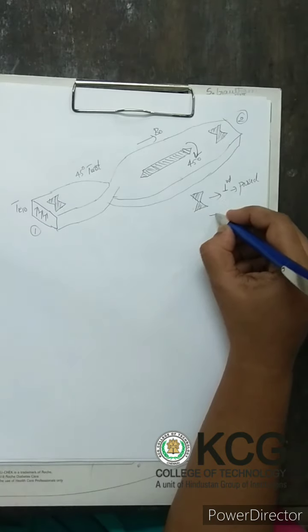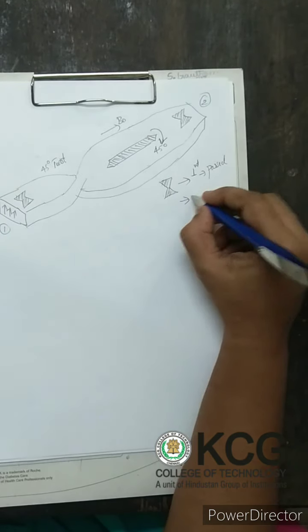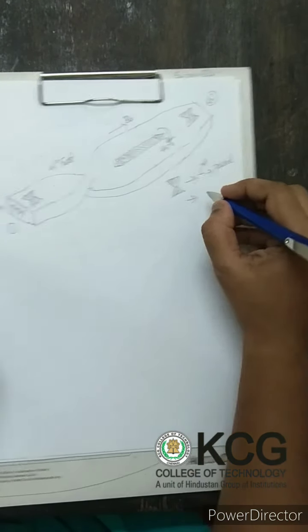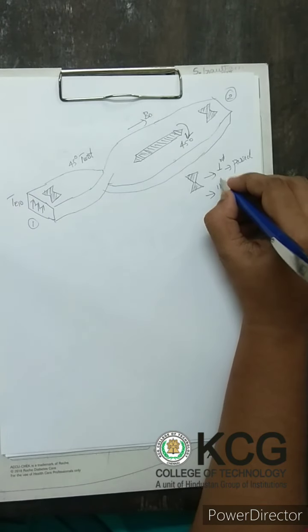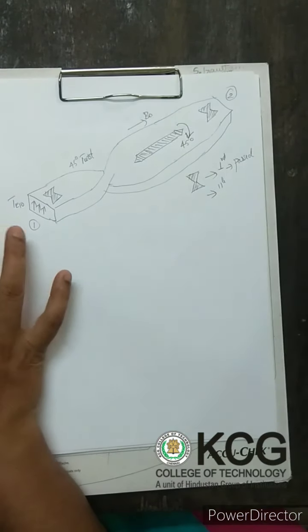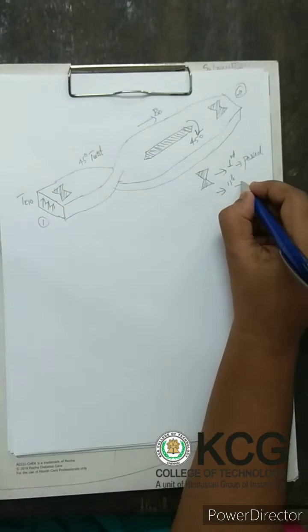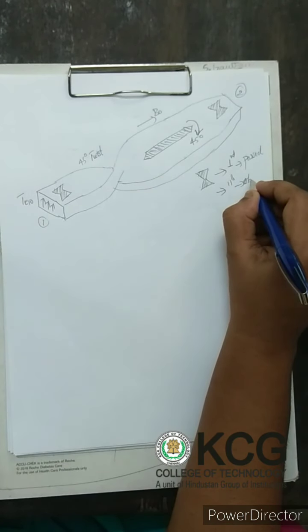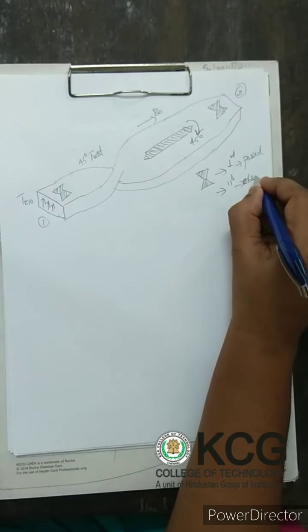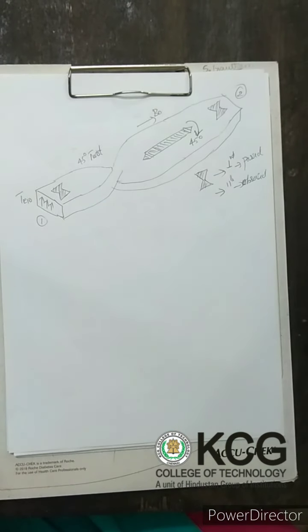And whenever it is parallel to the resistive card, that signal is absorbed.